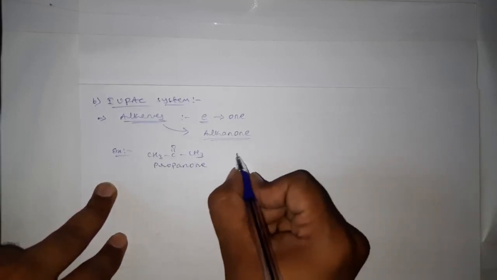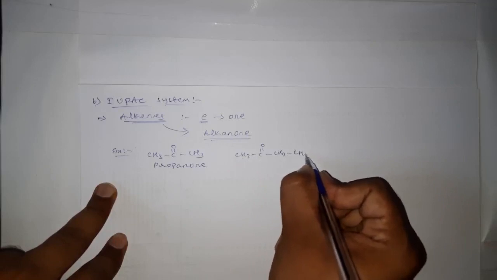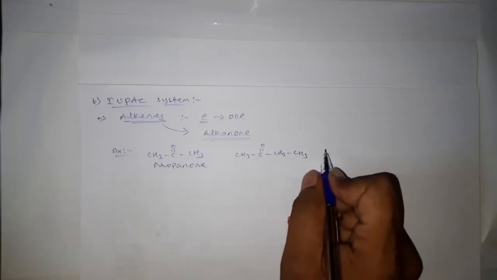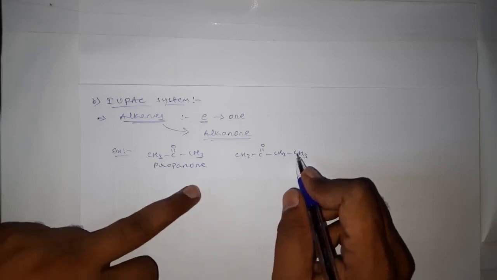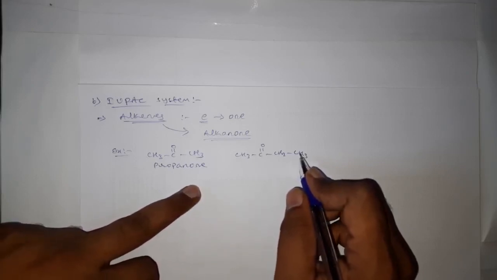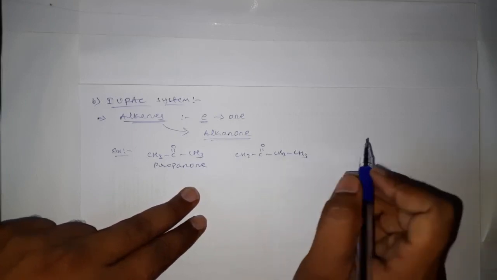Okay, take CH3 C double bond O CH2 CH3, and here while naming this type of ketones, a parent chain which is containing a carbonyl carbon should get the least number.